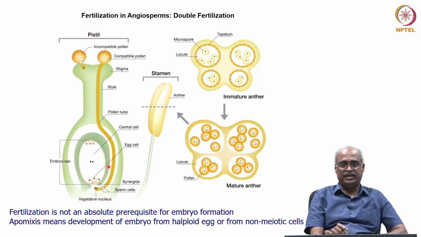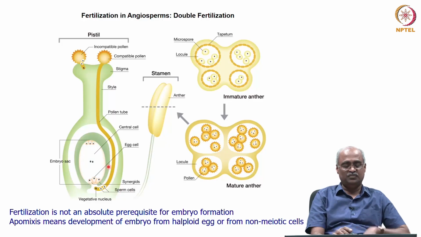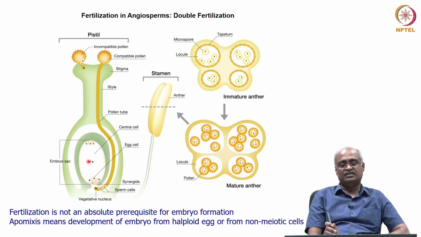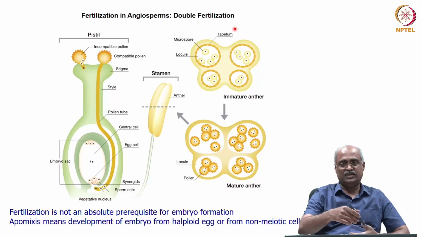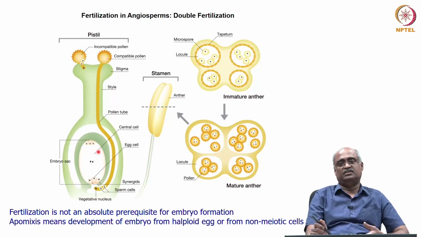It is recapitulated in this cartoon, and you have the 2 sperm nuclei here. One is going to fuse with this, another one is going to fuse with this, and as a result fertilization in angiosperms is called a double fertilization. One fertilization is the normal reproductive fertilization, the other one is only going to generate the food reserve.